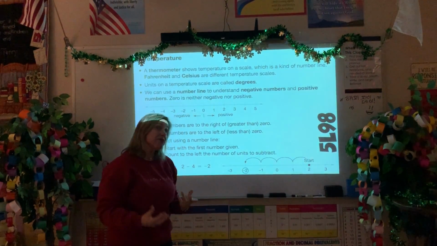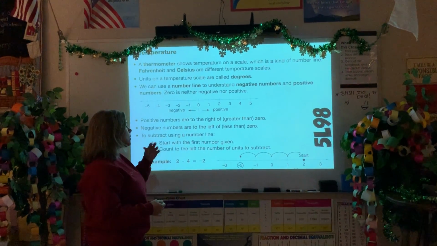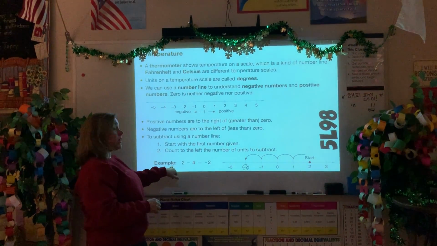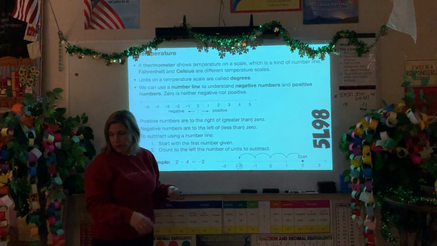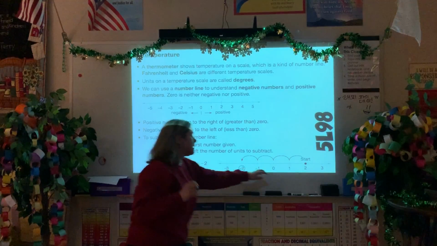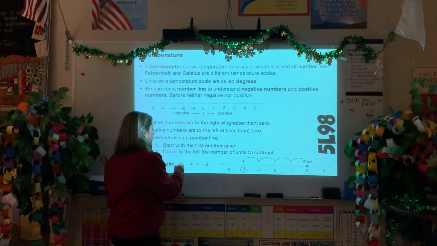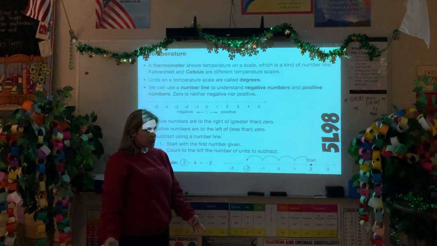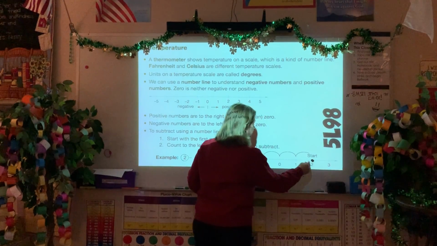And so what we're going to look at right here is how to subtract using a number line, all right? So we start with the first number given. Right here's the example. We've got 2 minus 4, and they're telling us that it equals -2. It says start with the first number given. That first number given is 2. Since it doesn't have a negative sign in it, we know that it's positive. So we're going to start right here at +2.